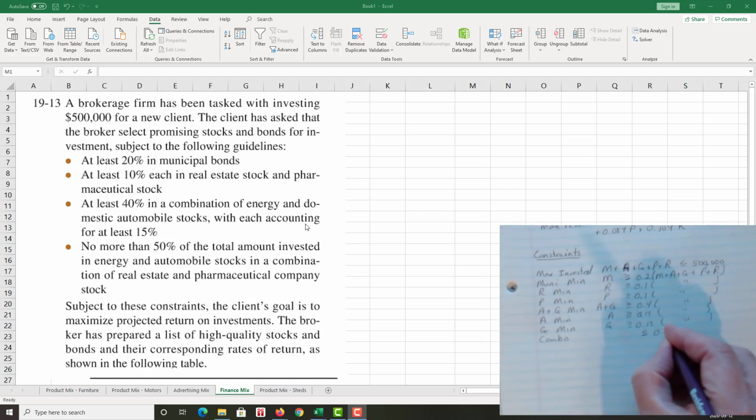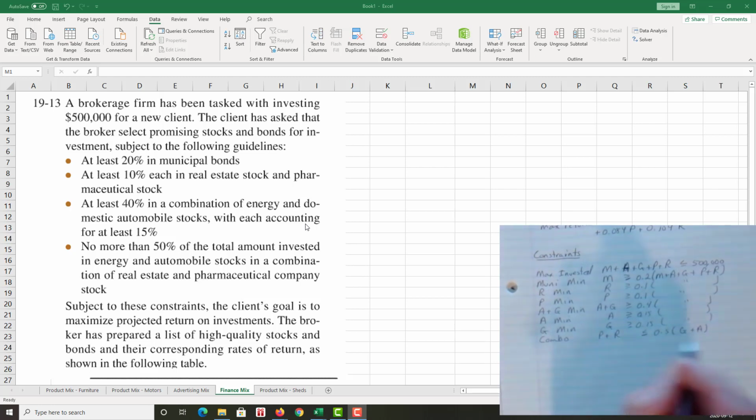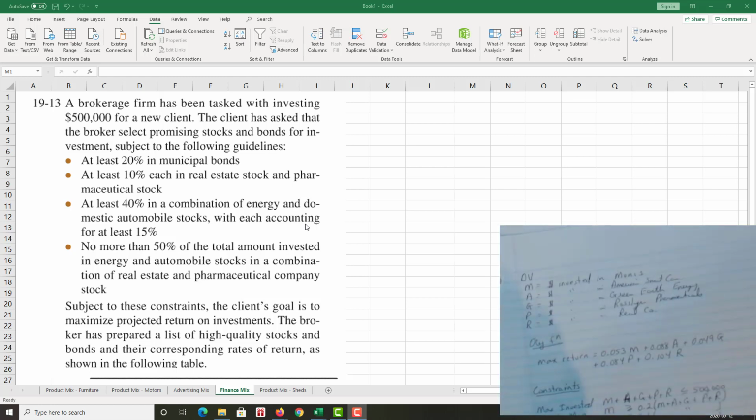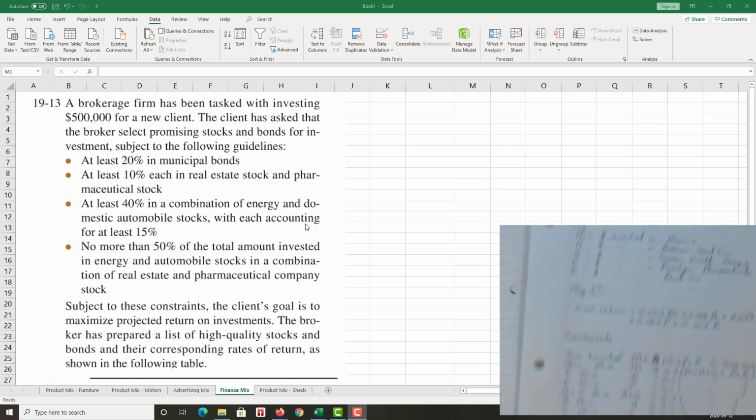No more than 0.5 times the amount invested in energy, which for us is G, plus automobile, which is A. Okay, now what can be no more invested than that? In a combination of real estate and pharmaceutical. Pharmaceutical plus real estate. I just changed the order to reflect how we've got it situated in the decision variables and how we have it stated in the objective function.